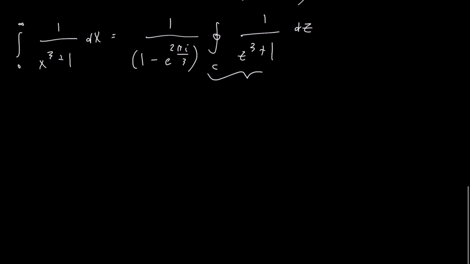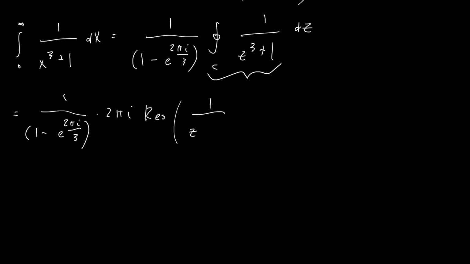And we can evaluate this integral using the residue theorem. So we're going to have 1 over 1 minus e to 2 pi i over 3, and we're going to have times 2 pi i, the residue of 1 over z cubed plus 1 at z equals 1/2 plus i times the square root of 3 over 2.